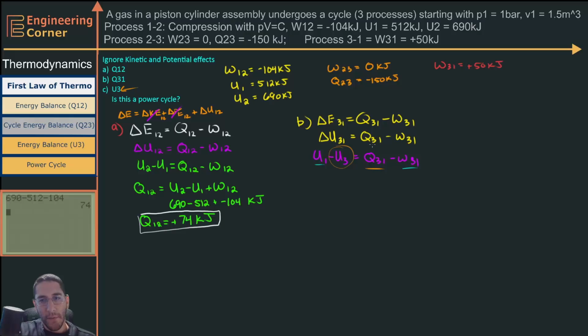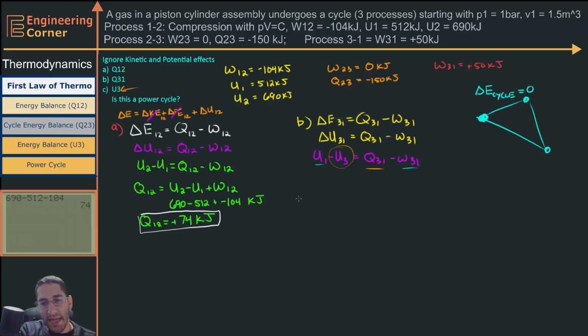We know that if we start at some state 1, we go to some state 2, we go to some state 3, and we come back to some state 1, well, we started at the same state that we stopped at. So this means that the change in energy of a cycle is equal to 0.